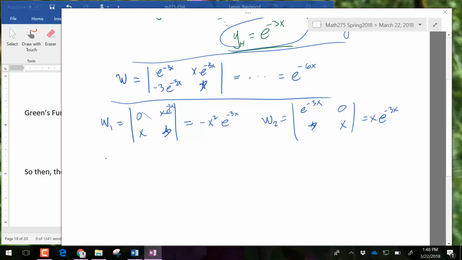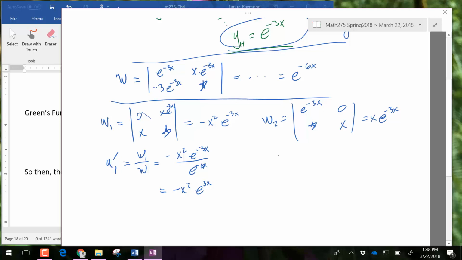And so we have W1 that'll help us find U1 prime, and that's going to be minus x squared e to the minus 3x over e to the minus 6x, which is going to equal negative x squared e to the positive 3x.